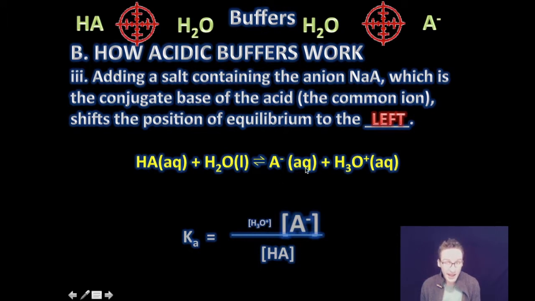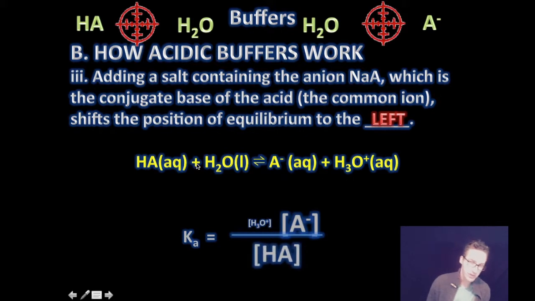It's going to react with the hydronium ion and shift your equilibrium to the left. So you're going to form even more unionized acid in solution, and therefore decrease the hydrogen ion concentration, making it less acidic or more basic.